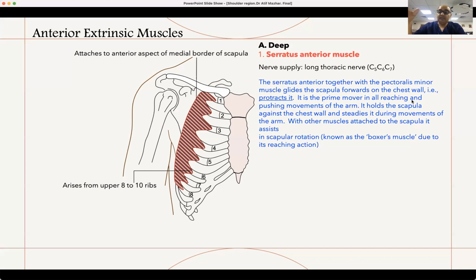So when we are trying to reach something, that's where it's instrumental, how it is protruding my scapulae and pushing the movement of the arm. Are we good with that? So that we must know. And we also call it the boxer muscle because it gives an extra length to my hand so I can reach the face of my opponent. Are we good?